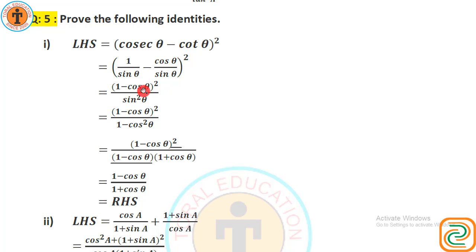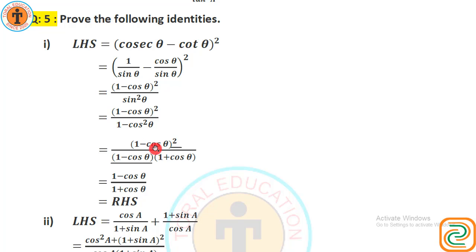1 minus cos theta whole square. Sin square is 1 minus cos square theta. 1 minus cos square theta is just like a square minus b square. We can expand into a plus b, a minus b. So the cos theta term and this square will be cut off.